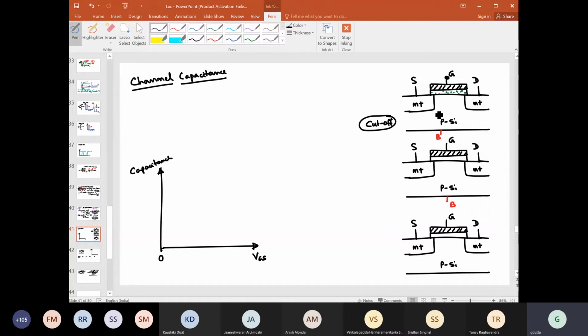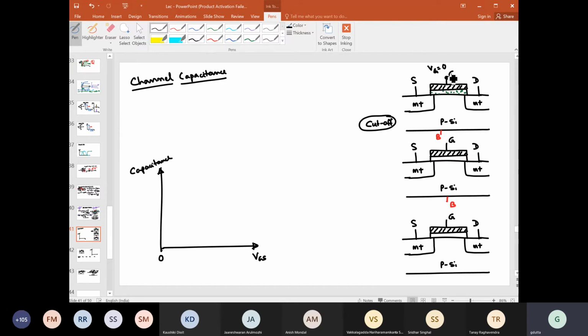Remember that. But then how will the capacitance change? First question: will there be any capacitance? If yes, how will it change with change in the gate voltage? For that, let us start from Vg equal to 0 volt.